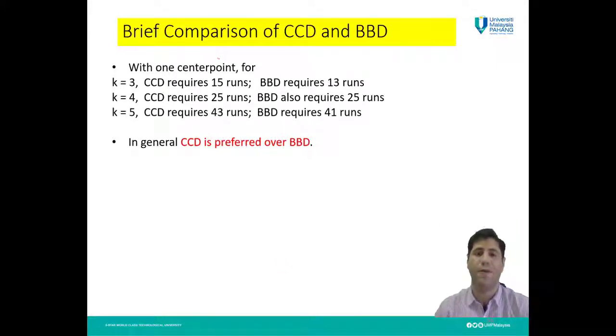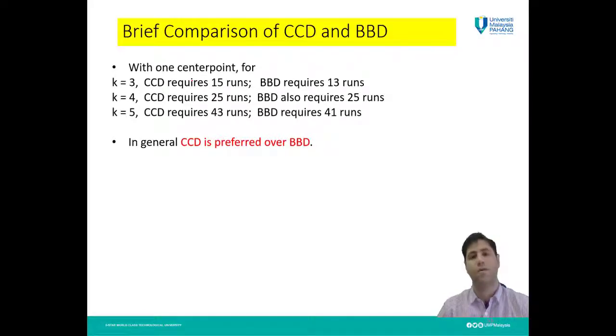If you want to compare these two models, CCD and BBD, the required number of runs is important because it will determine how many experiments you need to run, and it is effective on the time which you require for your projects, for your experiments, and also on the material which you need, the cost of your experiments.